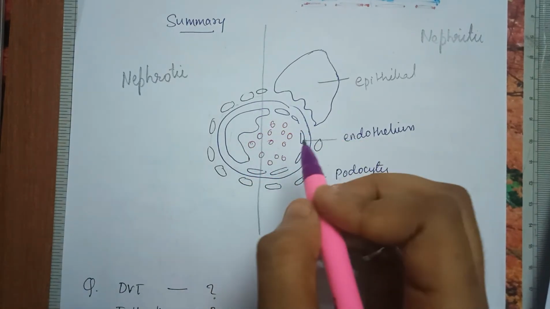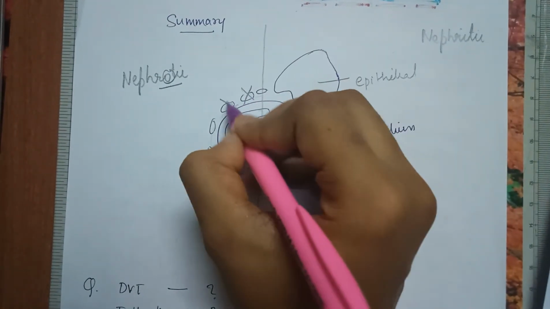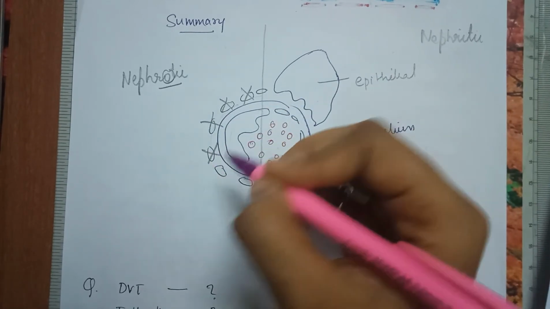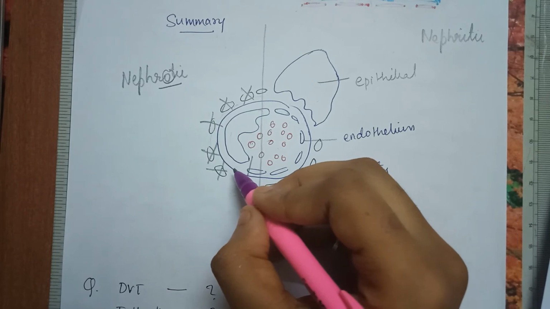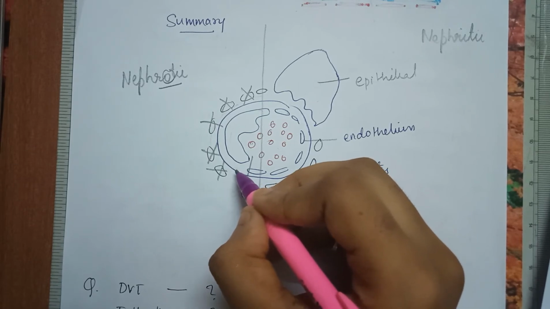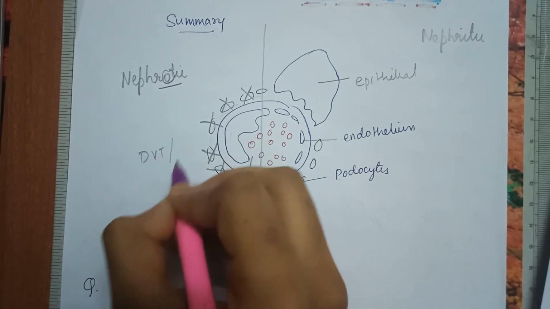In nephrotic, just summarizing in one minute, there is podocyte damage. So these podocytes get damaged. Therefore there is loss of albumin, frothy urine, loss of immunoglobulin, everything can be seen. So he may present with deep vein thrombosis or pulmonary embolism.